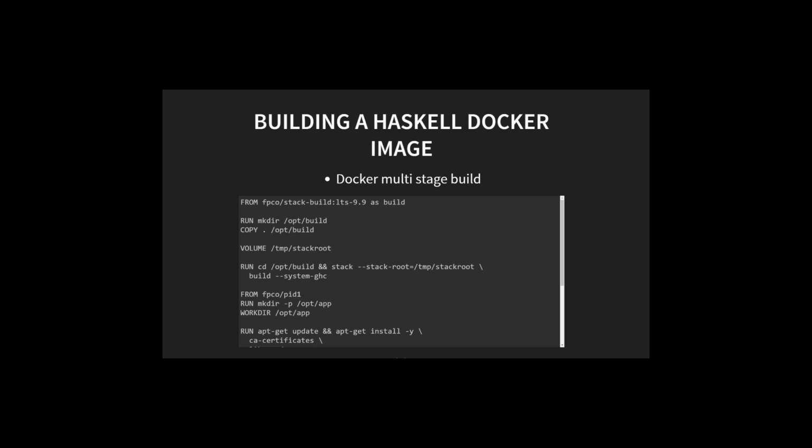So let's go ahead and try and build our Docker image, right? So I've written about this before in a blog post on the official FP Complete blog. So you can probably look a little bit more about different methods of building Haskell Docker images there. But in this specific example, I've chosen to use the Docker multi-stage build. And what this does, it separates, so we still have one Dockerfile, but it separates our build into two phases, if you will.